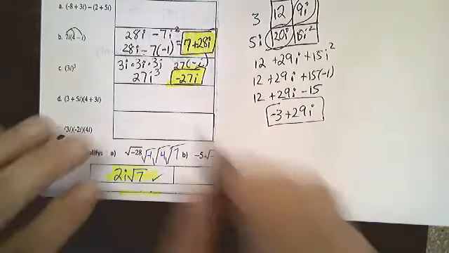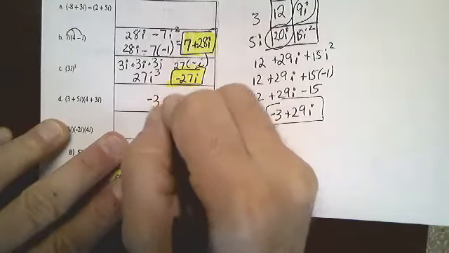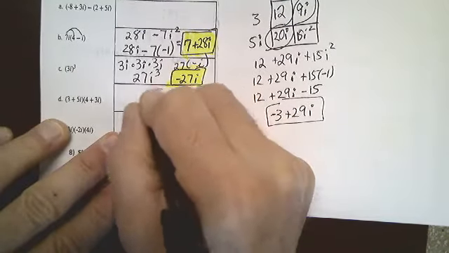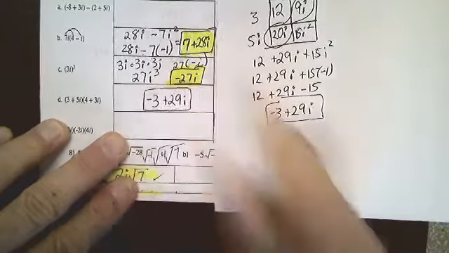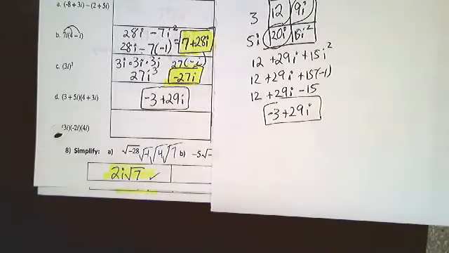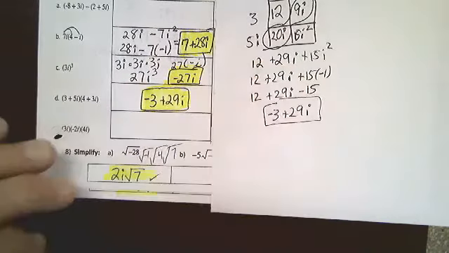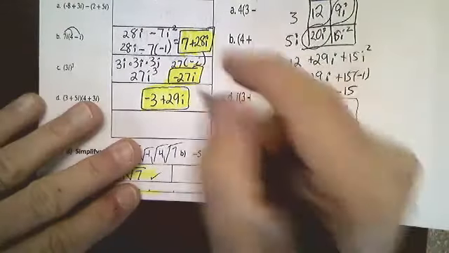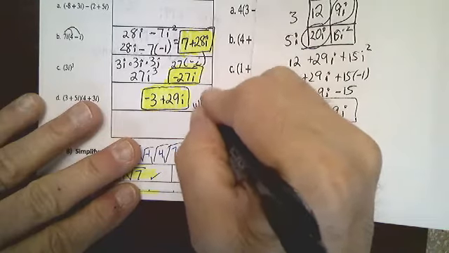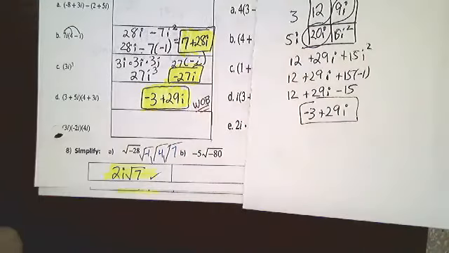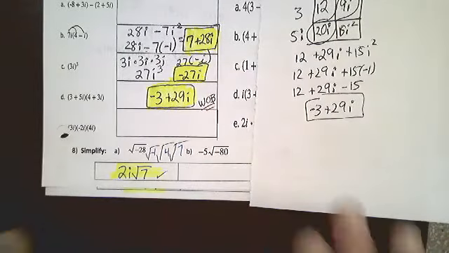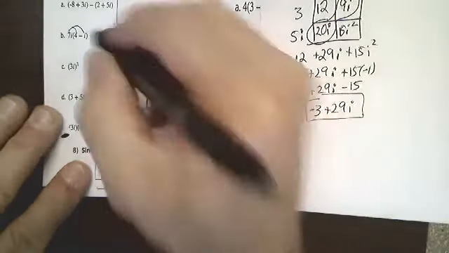All right, so 12 minus 15 is -3, plus 29i. Answer, -3 plus 29i. There's my answer. I don't have all the work beside it, so I would write down "work on back." Okay? So there's letter B, check.